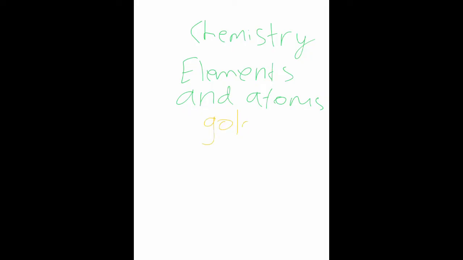We have gold, and then you might have carbon, and your hair, for a fun fact, is made out of carbon, and you have hydrogen, and these are all elements.